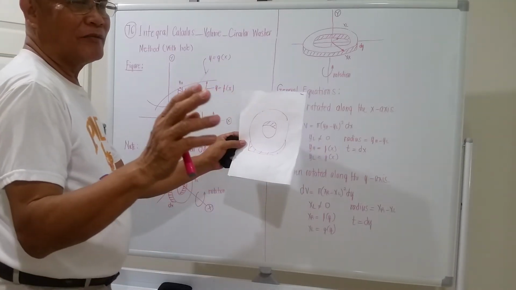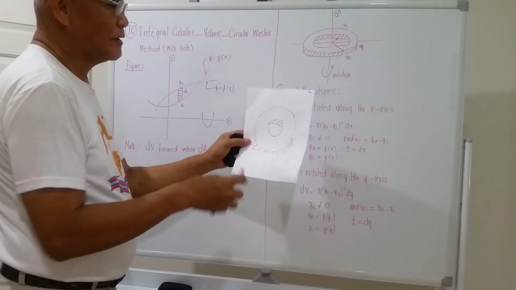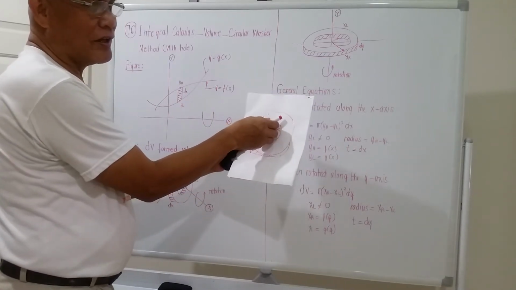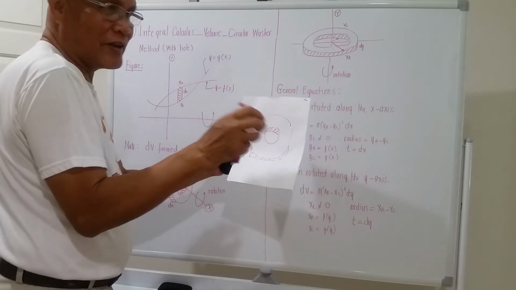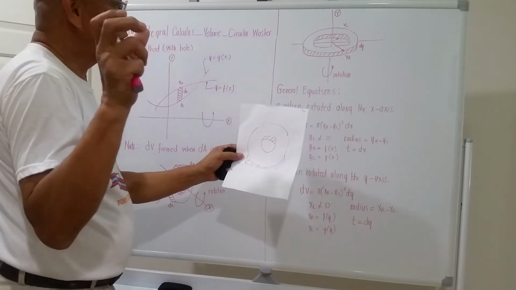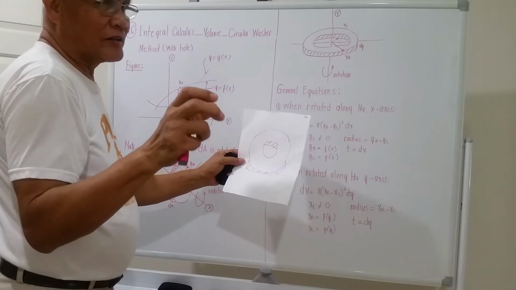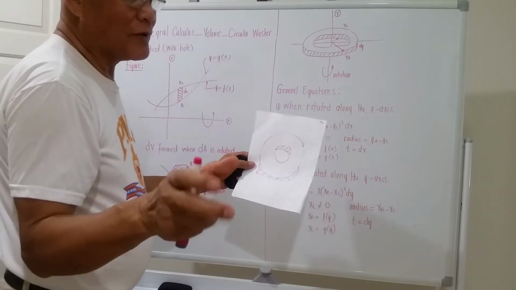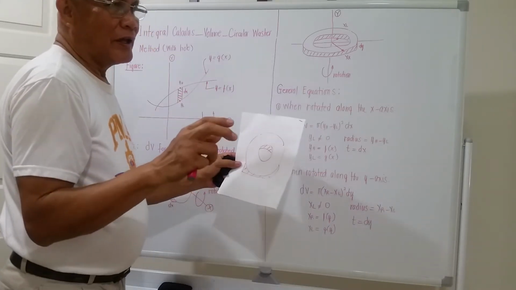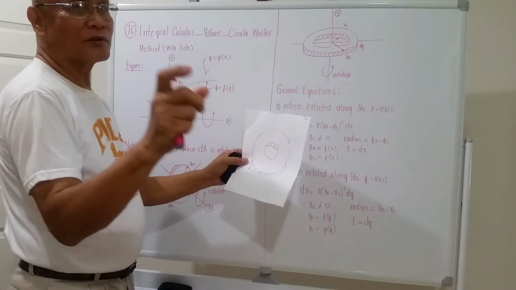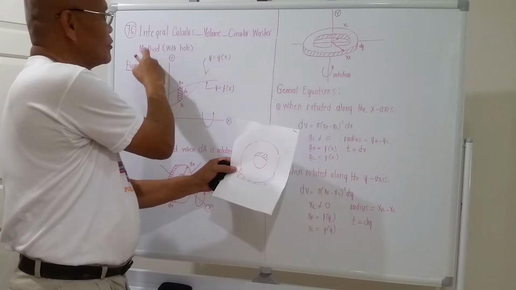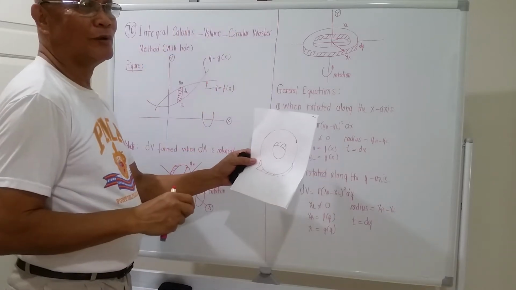Because under the circular disk method, the hole is nothing. It's a solid block, so it's actually a disk. Okay, it's no hole inside. But for method number 3, there are times when we solve problems and what will come out will be a circular washer. That's why our main topic for this afternoon is the circular washer method of computing volume.